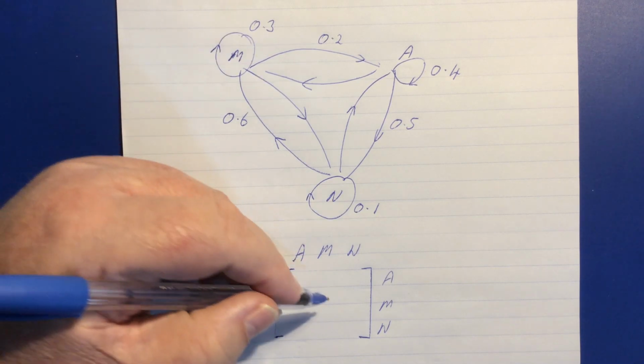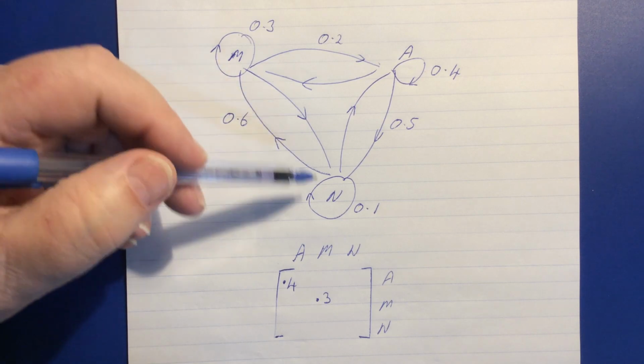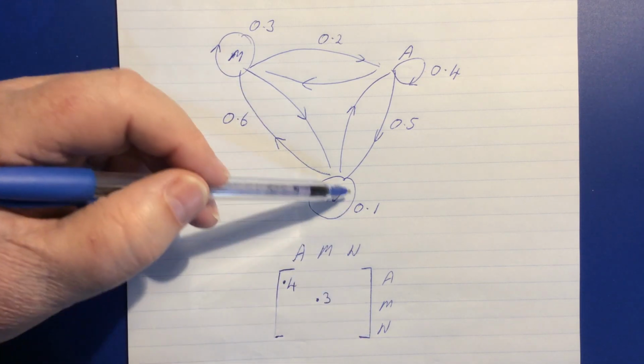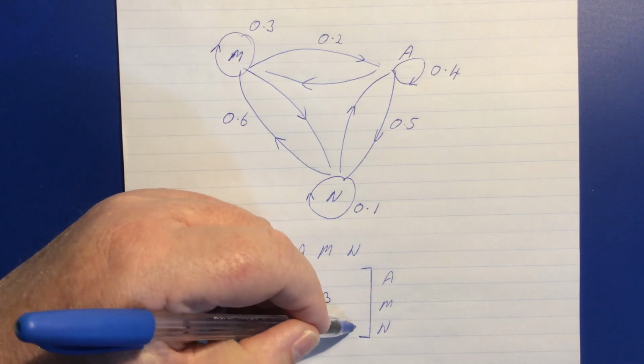So that is 0.3. And then I'm going to go N to N, as in what stays put in N. And that is 0.1, and that goes in here.